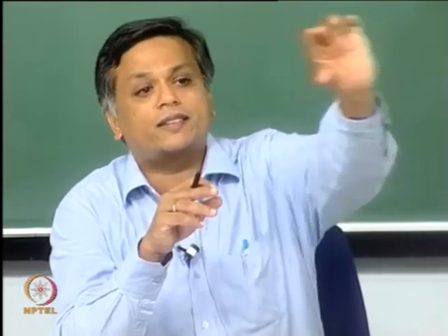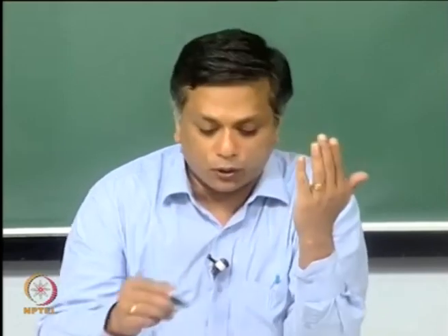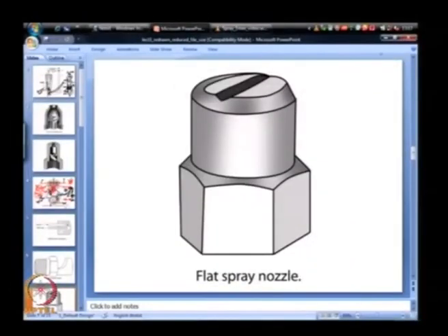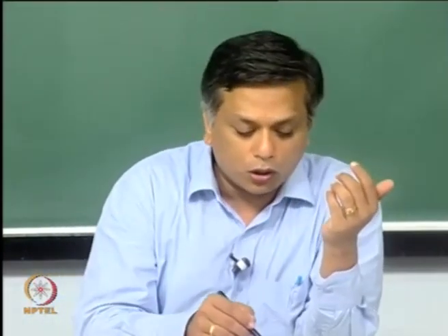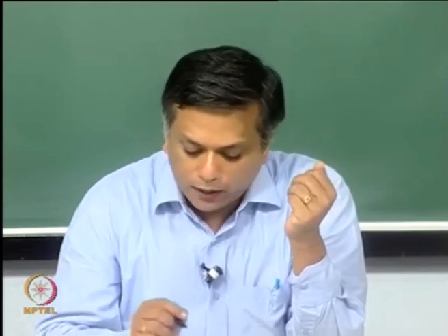But in instances where I want a uniform distribution of drops, for example, a paint spray, when I paint a wall, I want to have a relatively uniform coating all over. I do not want a thick edge on top and bottom of the spray and a less dense coating in the middle. I would rather prefer a more uniform coating of the spray paint, and for that there are designs that have evolved which are evolutions from the simplex nozzle.